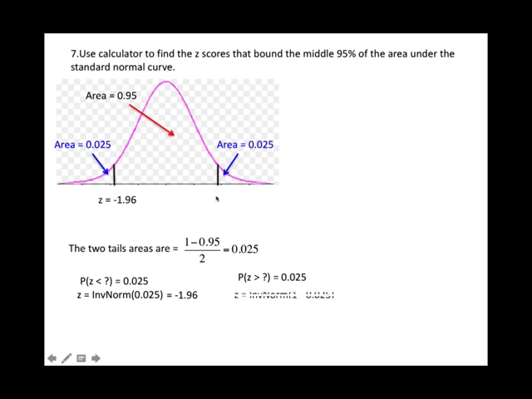Either you could do inverse norm of 1, the total area, minus the area of the right tail, or you could just add up these two areas to get the total area from the left. You're going to get the same thing, inverse norm 0.975. Use the calculator, you get 1.96.